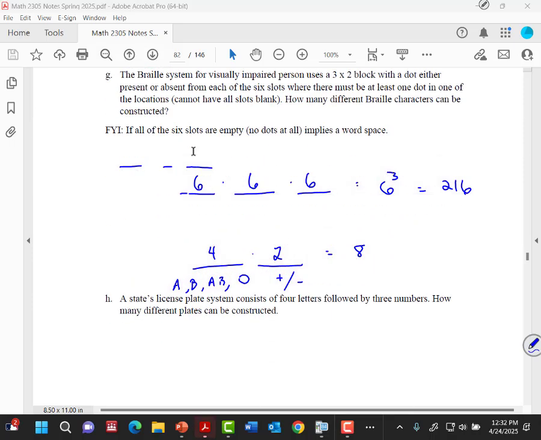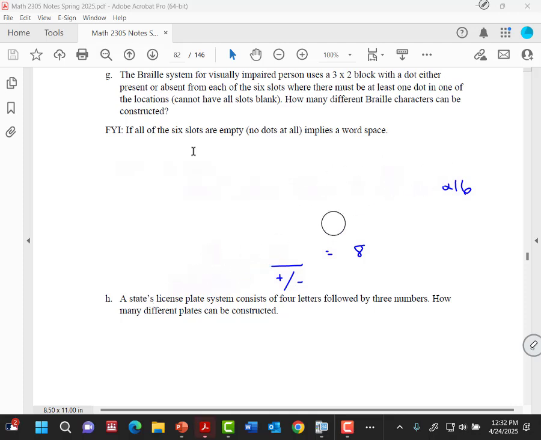Let's take a look at G. The Braille system uses a 3x2 block with a dot either present or absent from each of the 6 slots, where there must be at least 1 dot in one of the locations, meaning we cannot have all the slots blank.